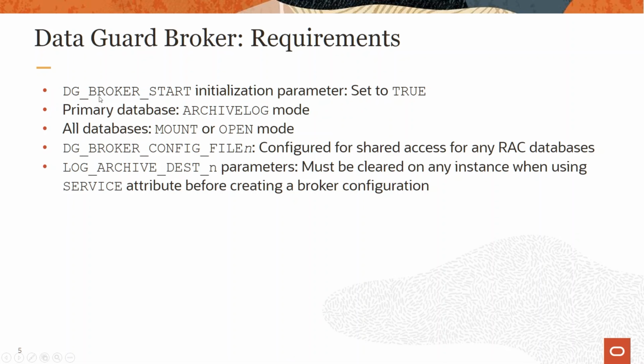The Data Guard Broker daemon process uses the configuration file specified in this location. So we have the path of a Data Guard Broker configuration file, and the daemon process will access the file in this location. If this were a RAC environment, the configuration file must be in a shared location.